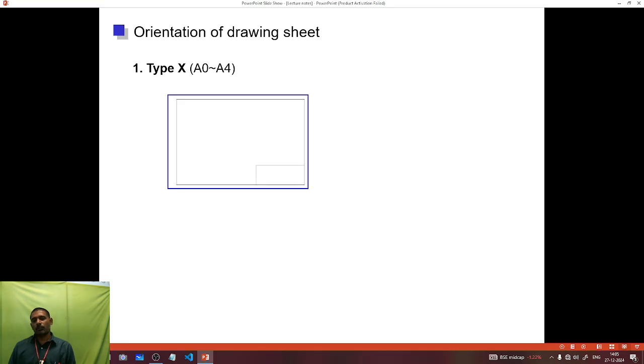Next, orientations of the drawing sheet, which means the basic things followed in the drawing sheet. Everyone should know the orientations. The first, the blue color indication, is the drawing sheet or outermost edge. Next, we develop the margin, which means the border line. Next, we develop the title block.